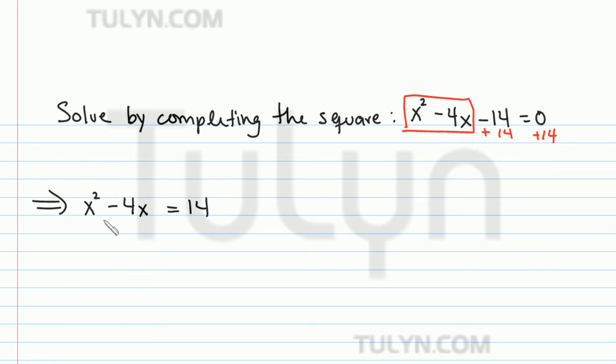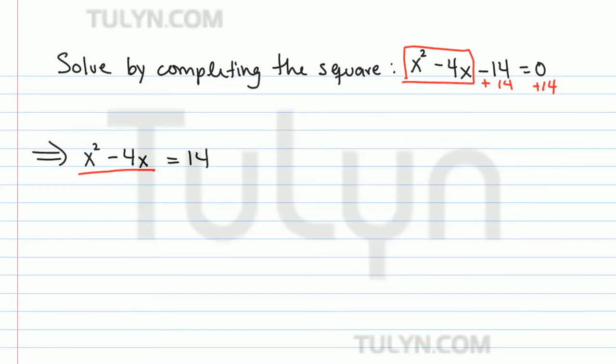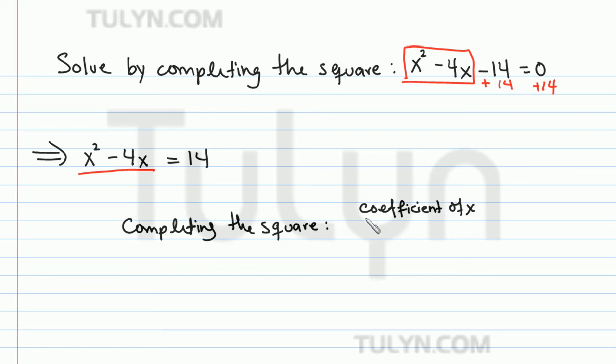So now we want to try to complete the square with these first two terms. And remember, for completing the square, the main idea is to take the coefficient of x, divide that by 2, and then square the result to get the constant term.